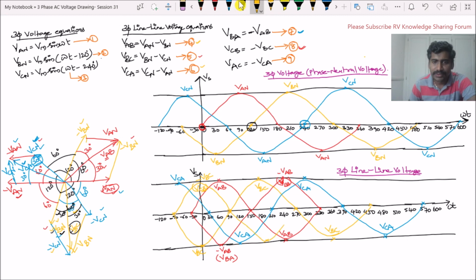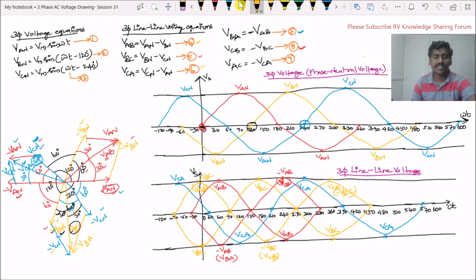Here also in the same way, this is minus VBC, which is nothing but VCB. And again here also in the same way, all through the cycles, VCB, which is nothing but minus VBC.